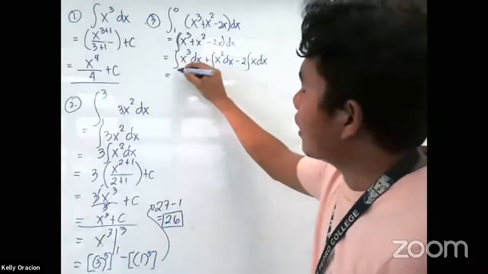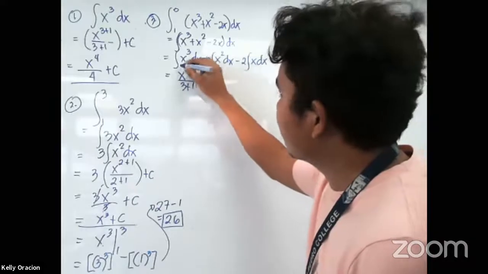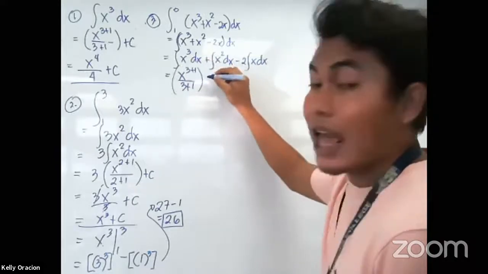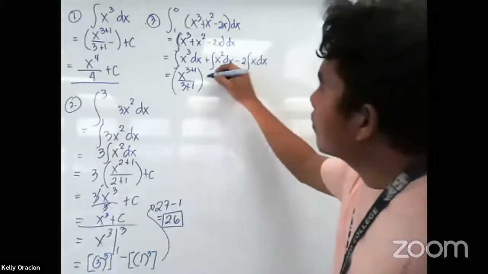Then, perform antiderivative. So, x to the 3 plus 1 over 3 plus 1. Ay, sa plus C, huwag ka muna maglagay ng plus C, sa last na ka magbutang.